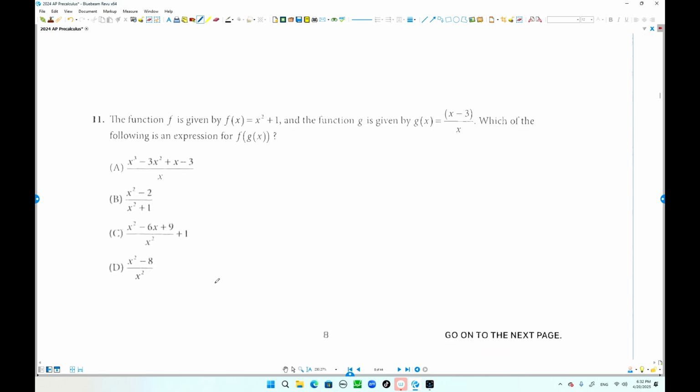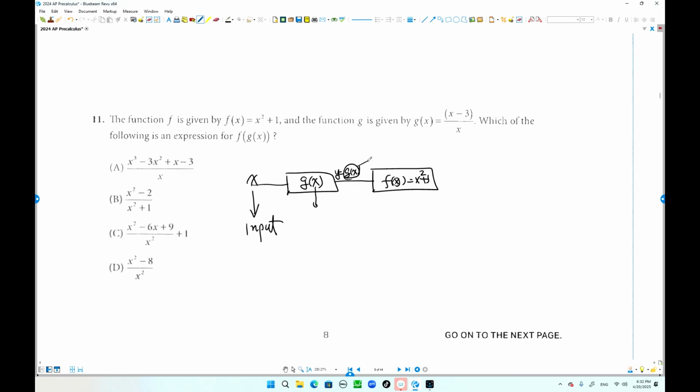Number 11, that is composition. Composition is the first function g of x, the whole thing of this one going into f of x. f of x is x squared plus 1. But this x is not the independent variable. This x is the original input, that is what we call the independent variable, okay? But here x is not. x is what? y equals g of x.